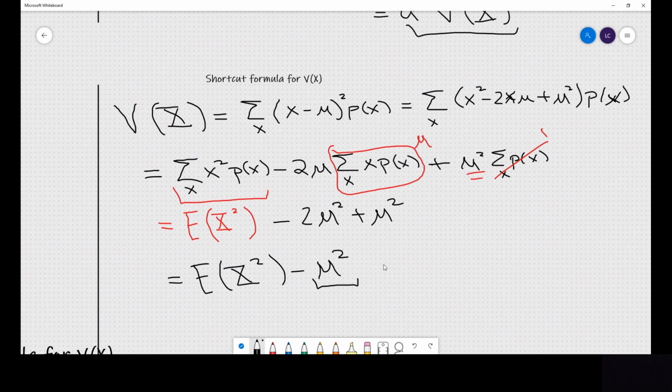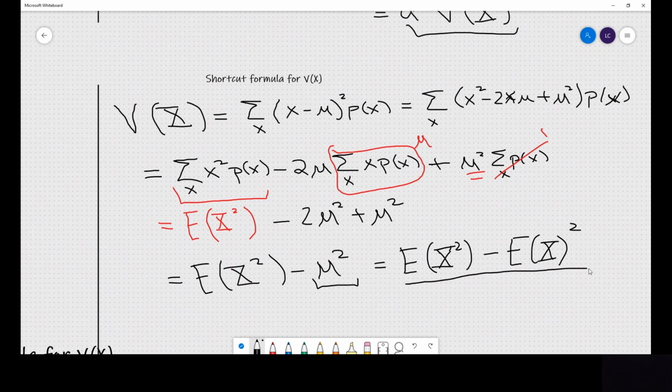But another way of saying this is minus the expected value of x, quantity squared, so the whole thing squared. Okay, that is your shortcut formula. So if you've already calculated the expected value and you're trying to find the variance, which you're going to have to anyway, then you might as well just find the expected value of x squared.